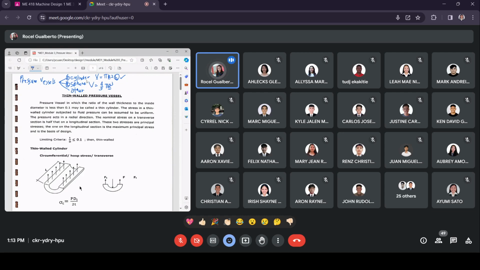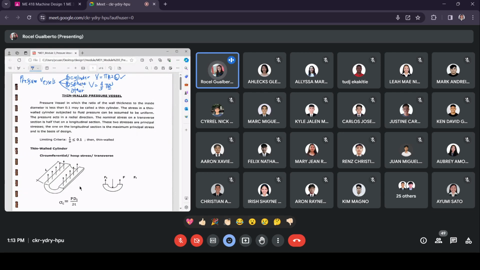That is why most of the industries use cylindrical pressure vessels rather than spheres. It is preferable to use the cylinder than the sphere.